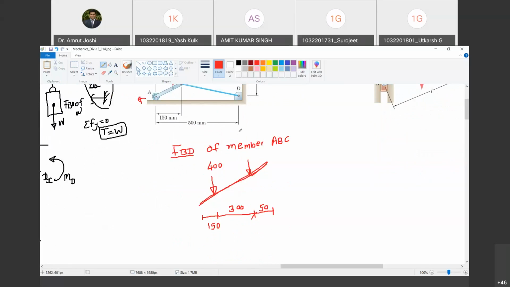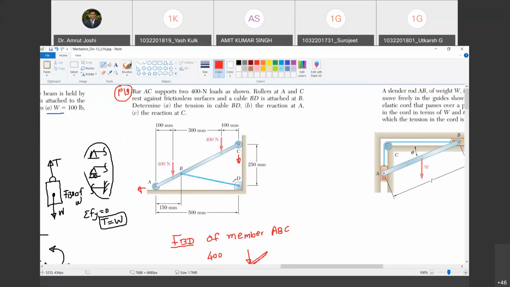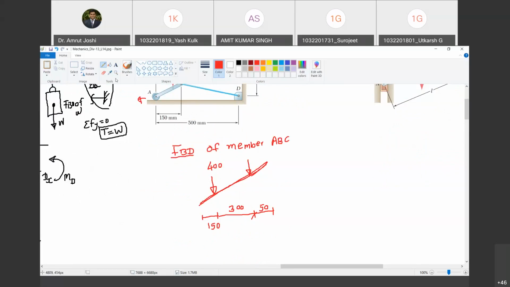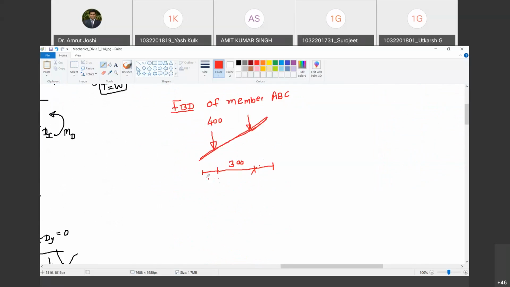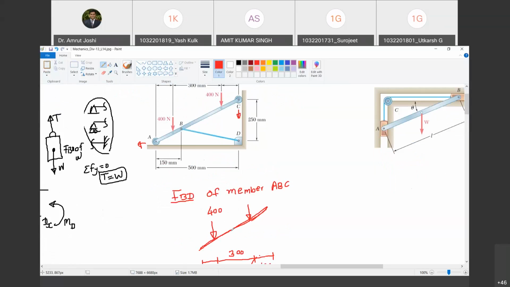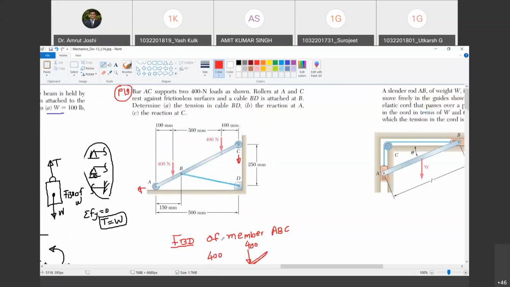Total is 500. Just one thing, they have given 100, right? I'm very sorry. It should be 250. Basically, what you have written as 300, it should be 250. No, no. That 150 is from that B, not the force. So this is 100, this is 100, and this is 300. Yes. Happy? Okay. Now, I have shown the external forces, two external forces, 400 Newton here, 400 Newton here.